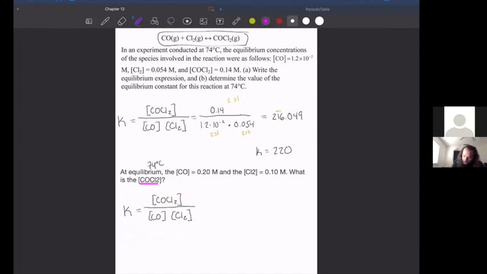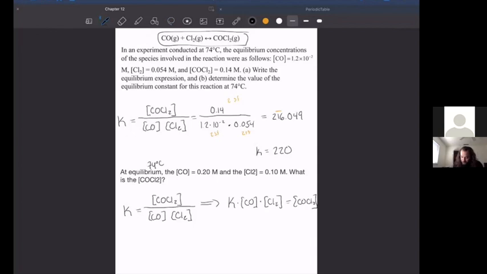So make sure that you can rearrange this equation to solve for your missing variable. You're going to have to multiply both sides by the concentration of carbon monoxide and the concentration of chlorine gas. So this will transform into K times concentration of carbon monoxide times the concentration of chlorine gas equals the concentration of that carbonyl chloride. And that's our missing variable.